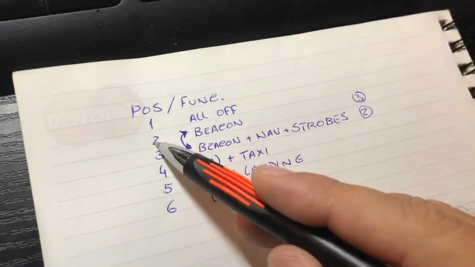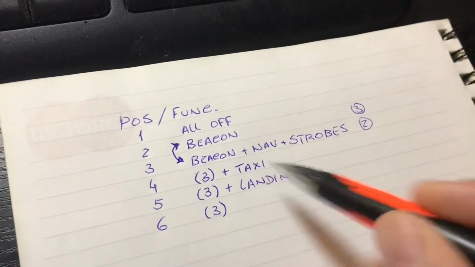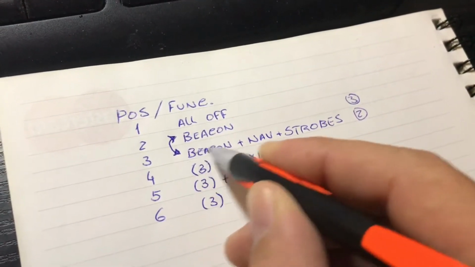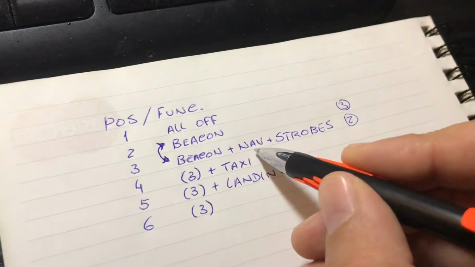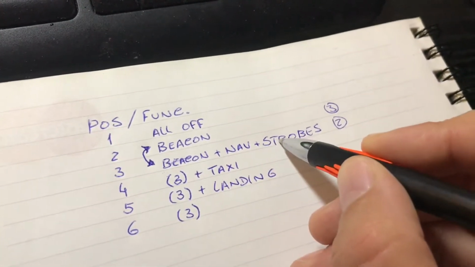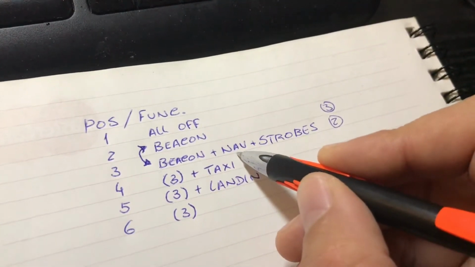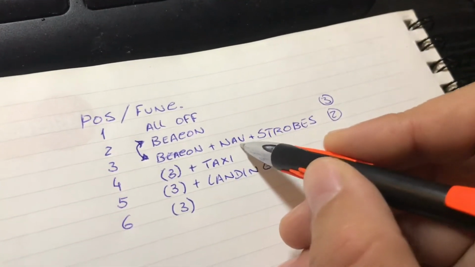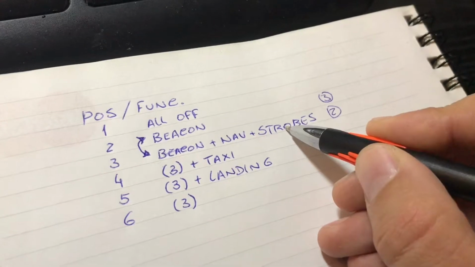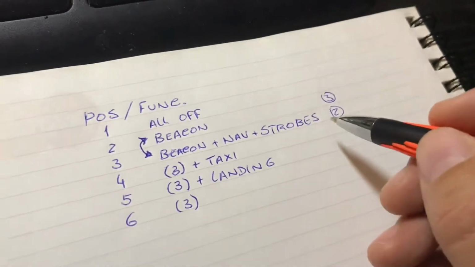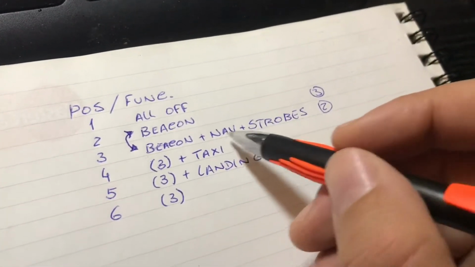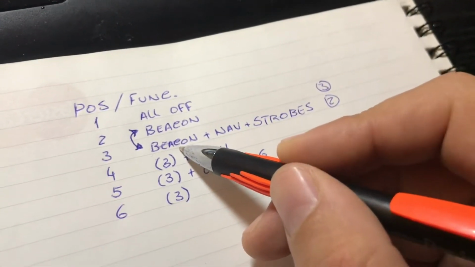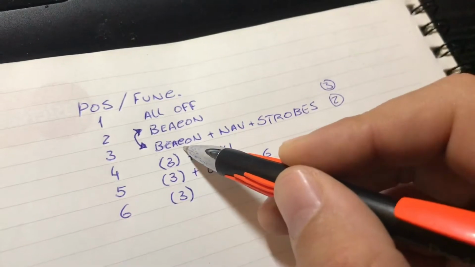So on the second position, I want to turn on only nav lights and strobes. So the red and green on the edge of the wings, and the white strobes. On the third position, I want to turn on those two plus the beacon, showing that the motor is about to start or it's working.